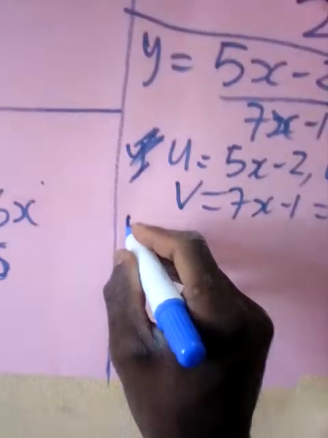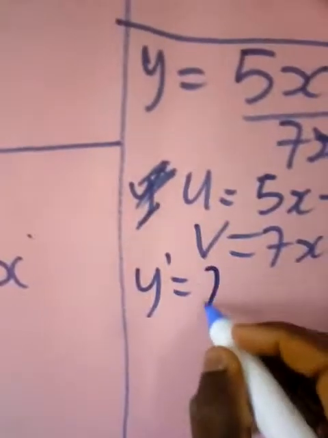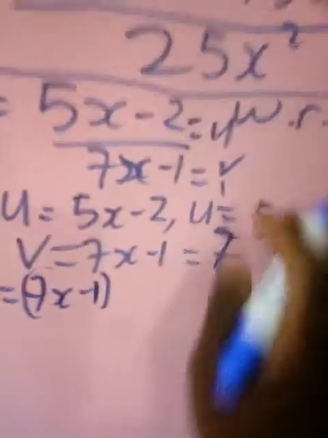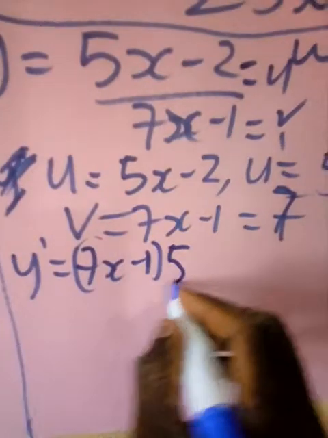So my y prime is simply going to be my v multiplied by my u prime. My v here is 7x minus 1 multiplied by my u prime, that's 5, minus my u multiplied by my v prime.